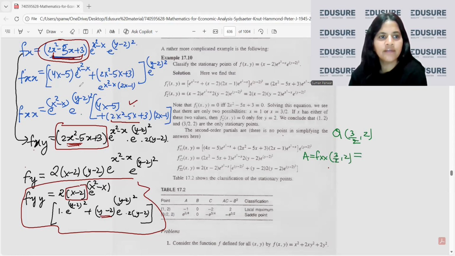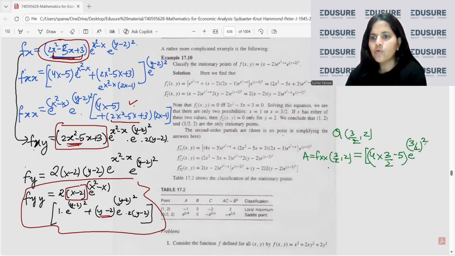So again, fxx. So we have to put x equals to 3 by 2 and y equals to 2. Okay. So it is going to be 4 into 3 by 2 minus 5 e raised to the power 3 by 2 whole square minus 3 by 2. And now because x is 3 by 2 is a root of 2x square minus 5x plus 3, this whole quantity will be 0.